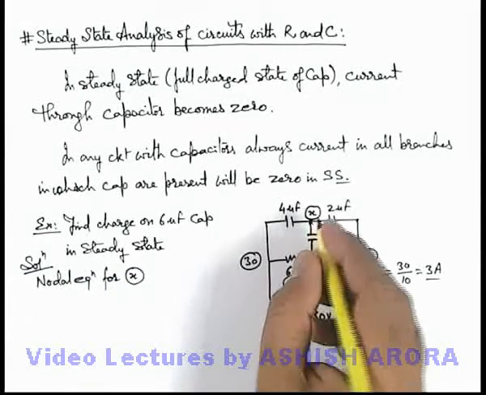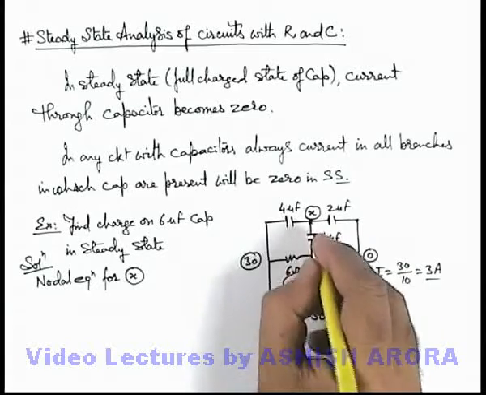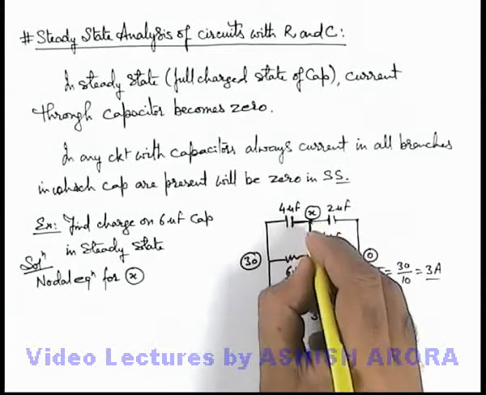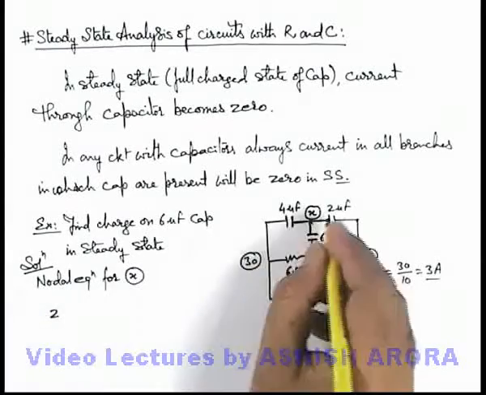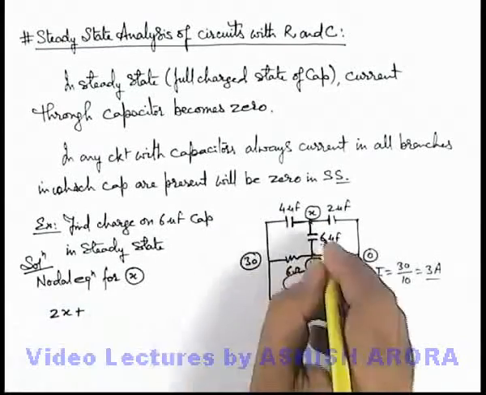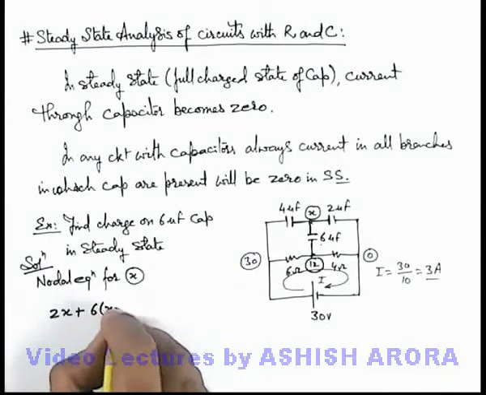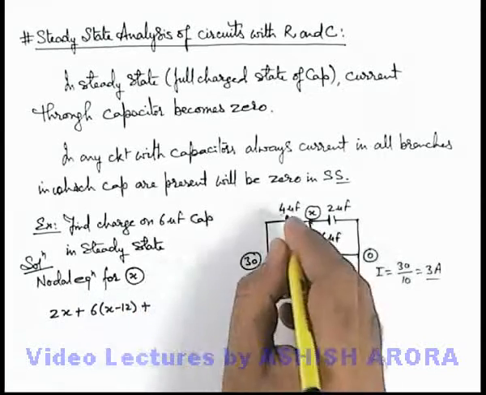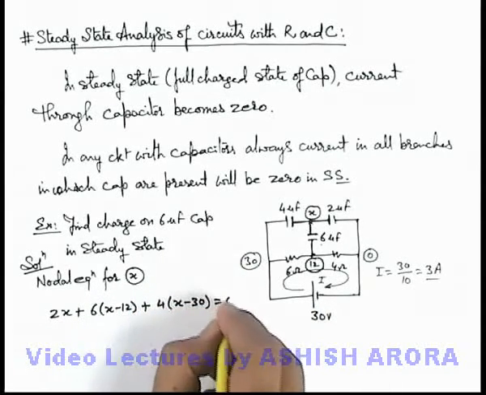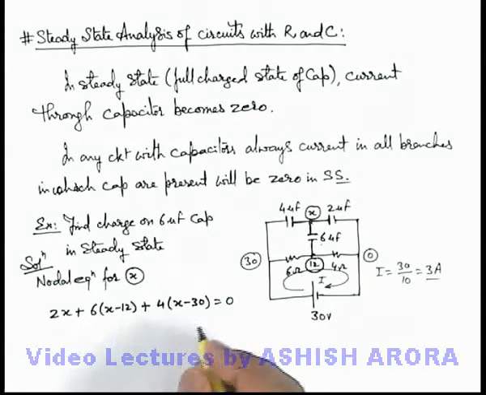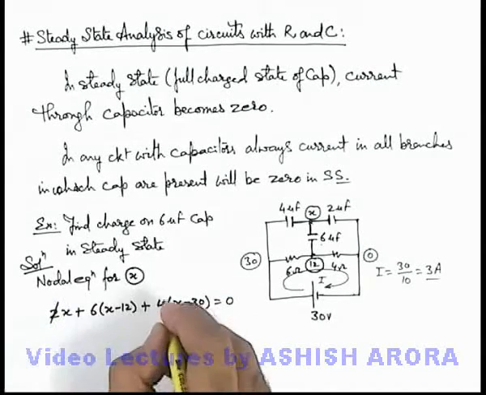We need to sum the charges on all the plates connected to this node, which should be equal to 0. So this can be written as 2 times (X minus 0) plus 6 times (X minus 12) plus 4 times (X minus 30), and this equals 0. Now we further simplify here. This 2 gets cancelled out.